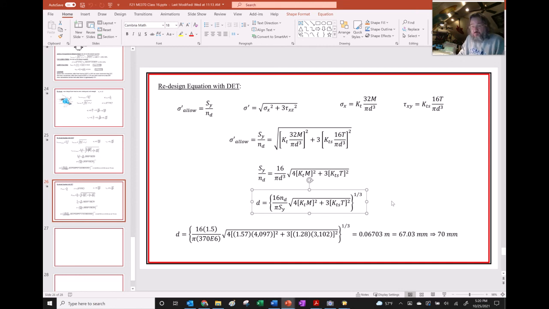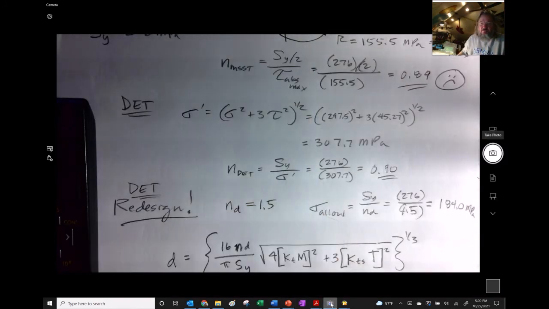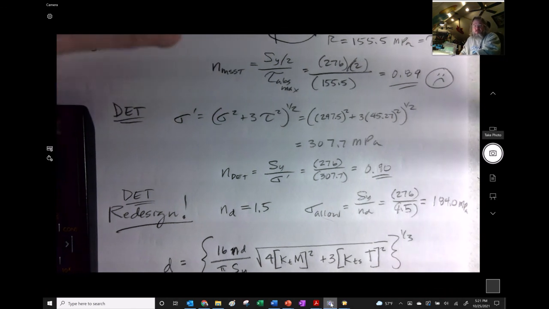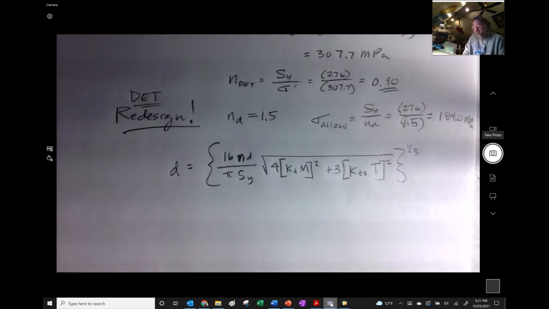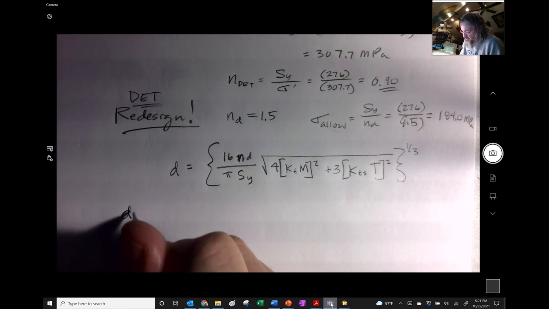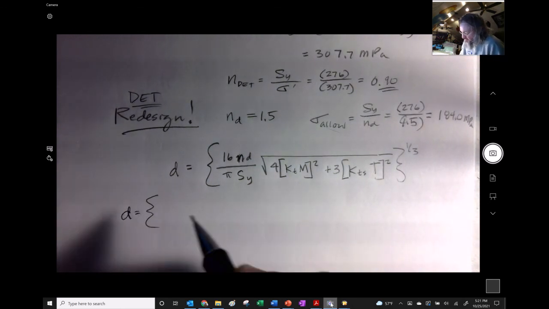We have 4 times KT times the moment, and that whole thing squared, plus 3 times KTS times torque squared. Then square root that and take it to the 1/3. It's a long equation, so there are a lot of chances to make mistakes. It's also in metric, so there are more digits floating around.